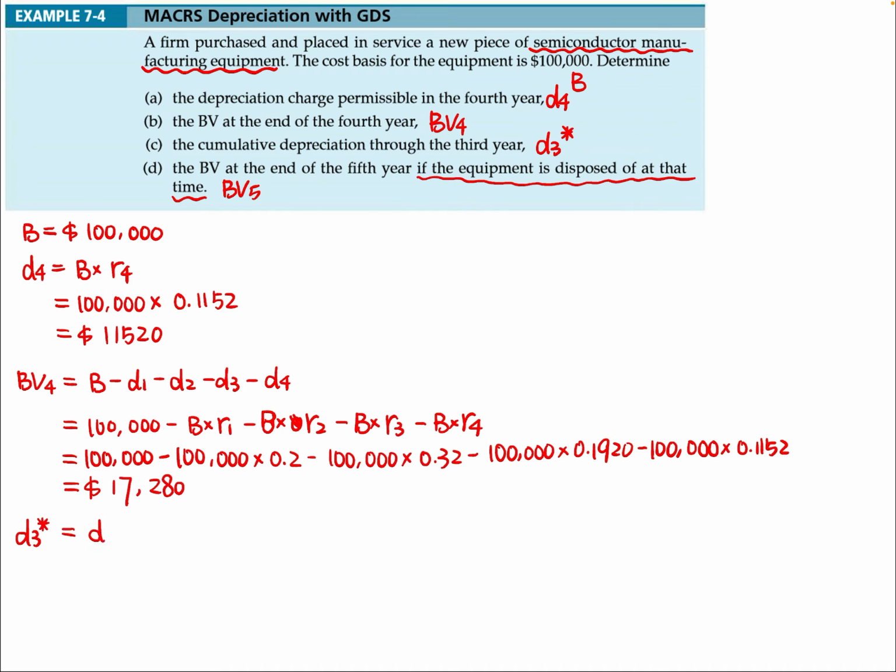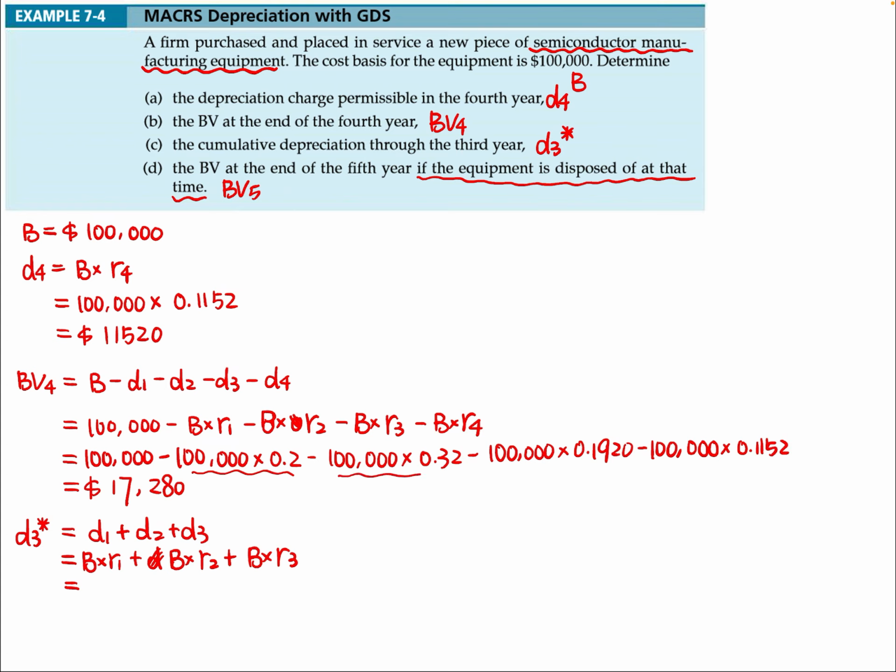And then you want to find D3 star. D3 star is the sum of D1, D2, D3, the cumulative deduction through year K. D1 is B times R1, D2 is B times R2, D3 is B times R3.